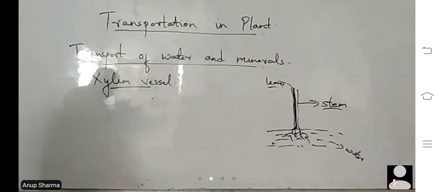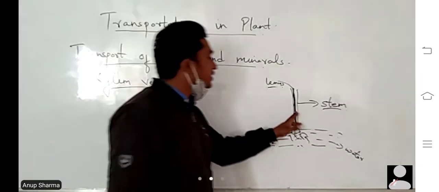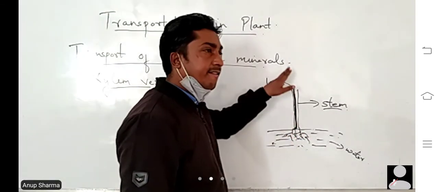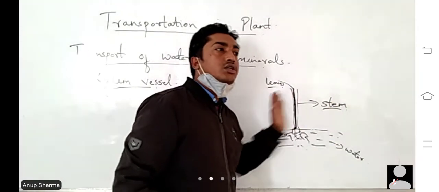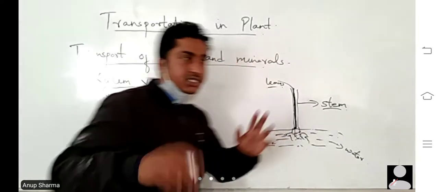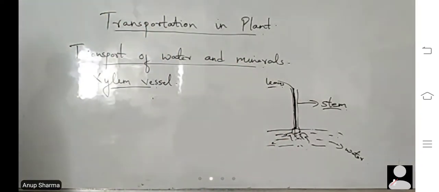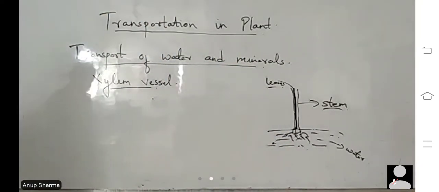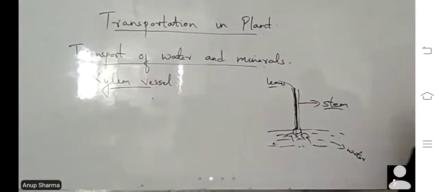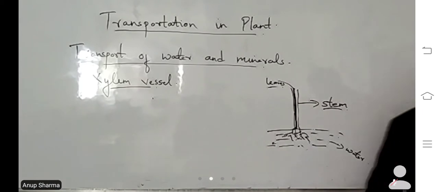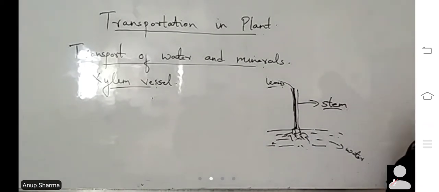Then the water containing minerals enters the interconnected xylem into the stem and finally to the leaf. That means they are interconnected, so that water doesn't go to other places. It directly moves upwards. So what happens to minerals and water?